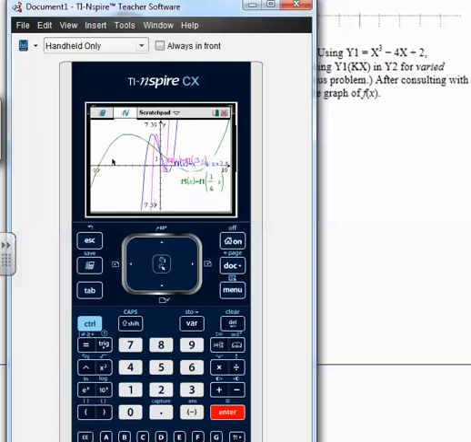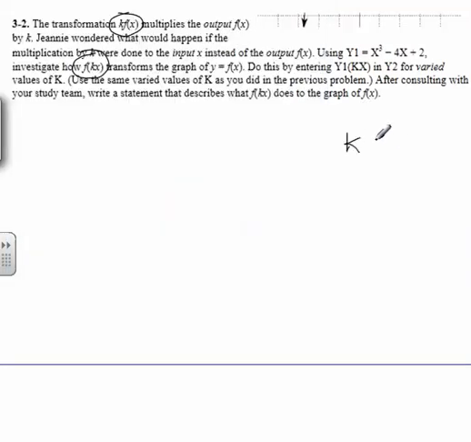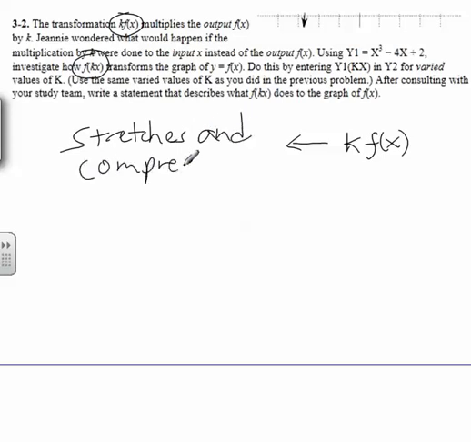So let's summarize this a little bit. Wouldn't you say that a k in front of a function stretches and compresses vertically, up and down this way?